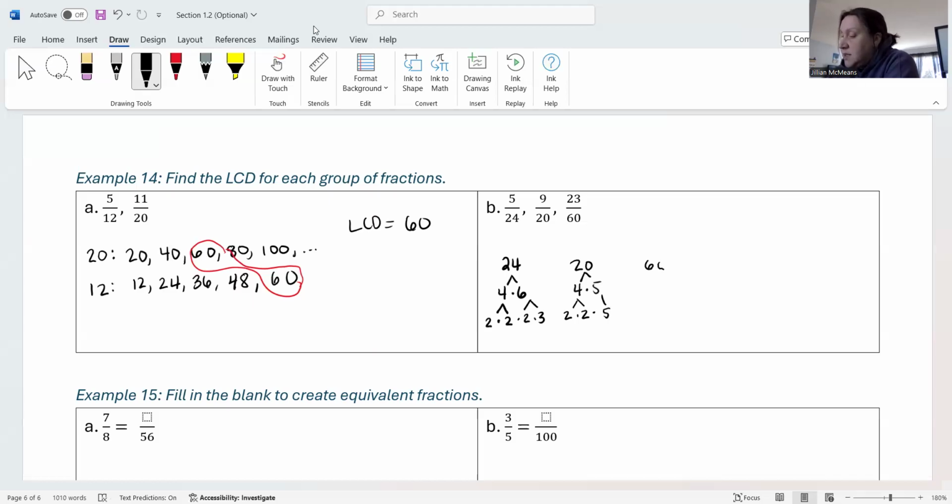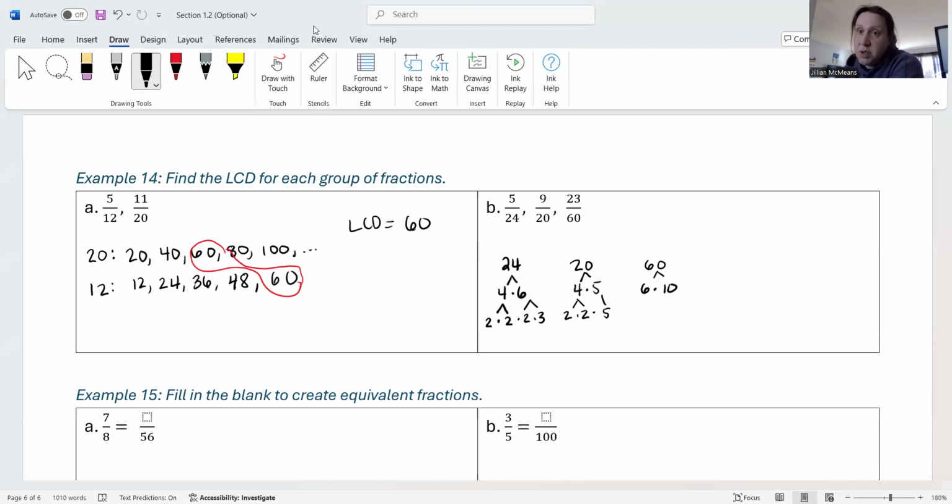And then we're going to look at 60. You could use any factors of 60: 2 and 30, 3 and 20, 4 and 15, 5 and 12. I just happen to like 6 and 10, so I'm going to use 6 and 10. If you used other factors, your factor tree would look different than mine, but the final line would be the same. The prime factorization would be the same regardless of which factors you choose.